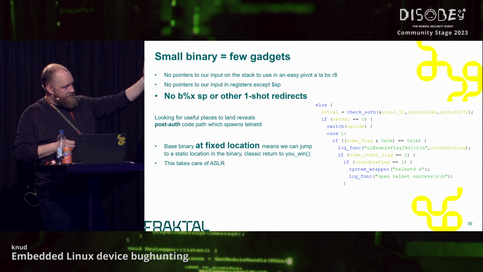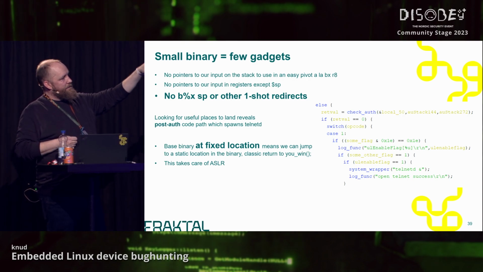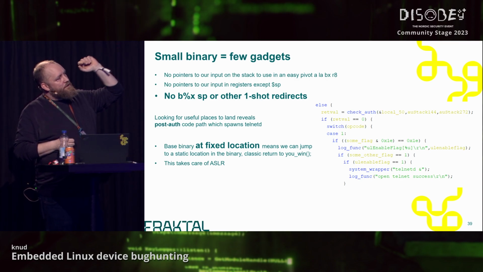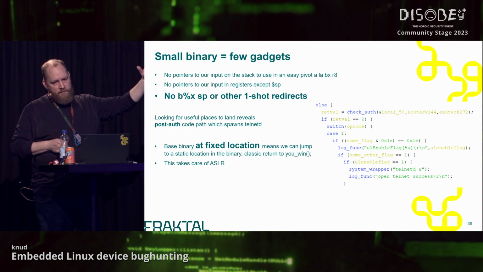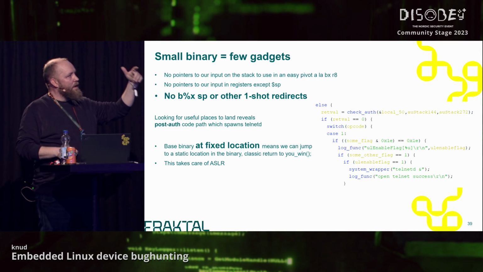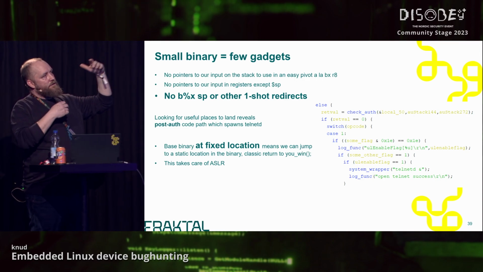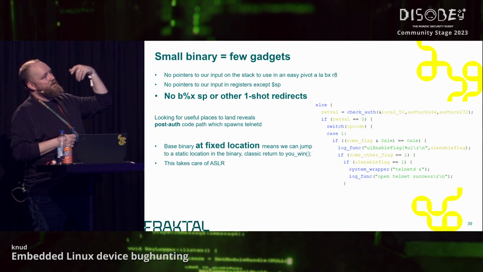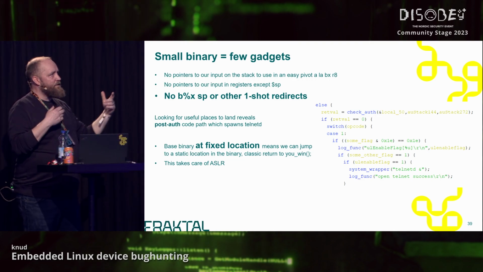because I've renamed things, everything is very readable, and there's some functionality which is post-authentication in the service, because it also has some authentication module. So I cannot just interface with the protocol and say, call this function where you start the telnet daemon, because then I would need to pass the authentication check, which I cannot.